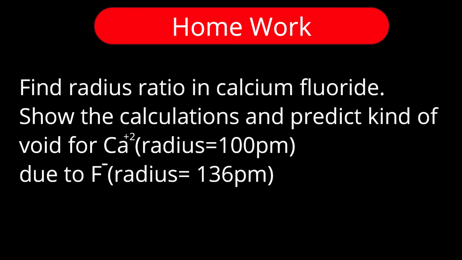It's 100 picometer and fluoride is 136 picometer. You need to show the calculations, and predict the kind of void possible for calcium 2+. Is it clear? Let us see the next structure, calcium fluoride, in the next part. It is called the fluorite structure.